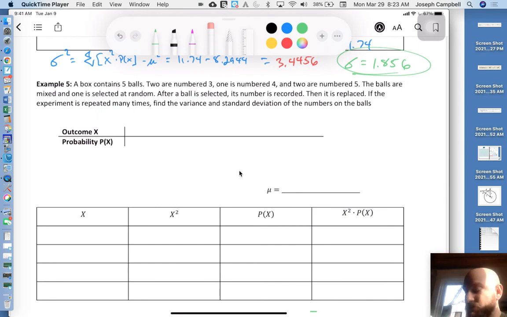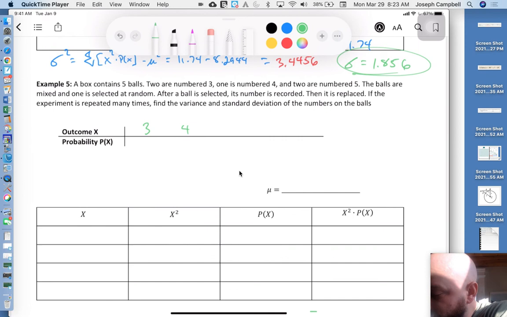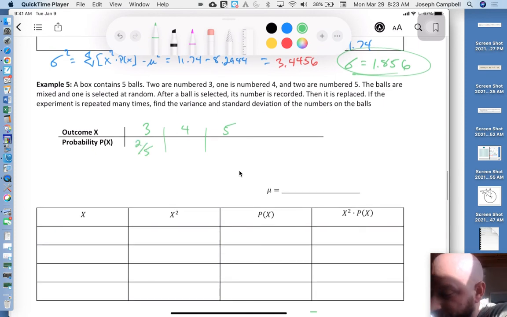Anyway, let's go ahead and just do this. So what possible outcomes do we have? We have the number 3, the number 4, and the number 5. Probability of getting a 3 would be 2 out of 5. Probability of getting a 4 is 1 out of 5. Probability of getting a 5 is, again, 2 out of 5.